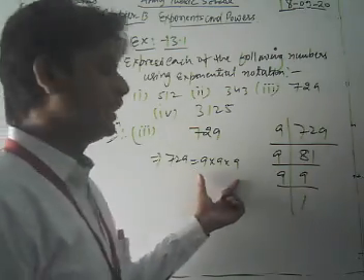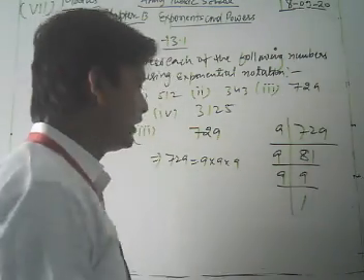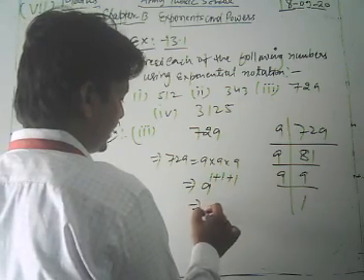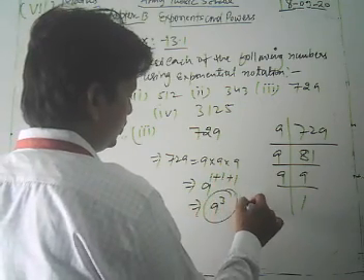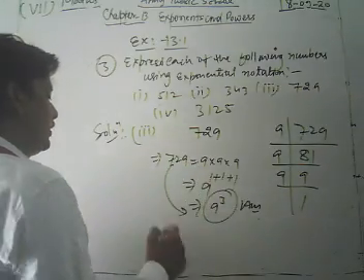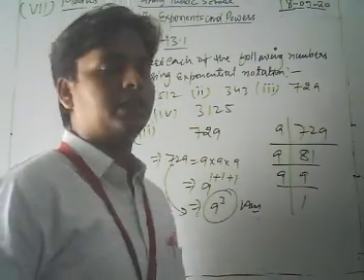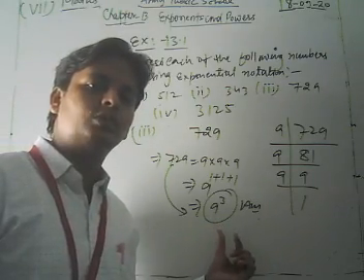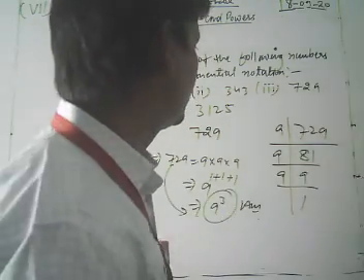Again, dear student, here we apply the laws of exponents. So we get 9 to the power 1 plus 1 plus 1, that is 9 to the power 3. So this is our final answer. In this way we express the number 729 in exponent form as 9 to the power 3.